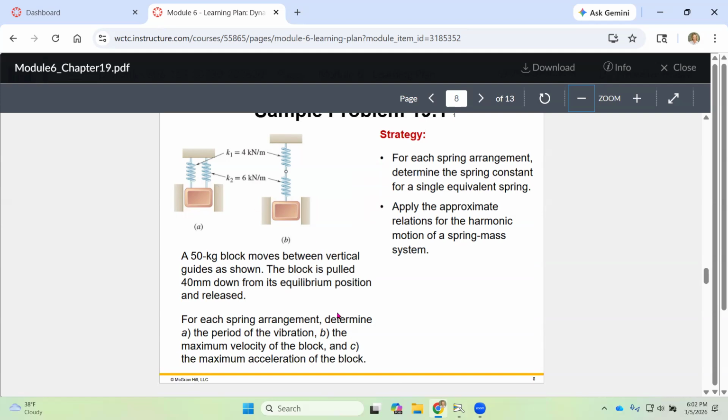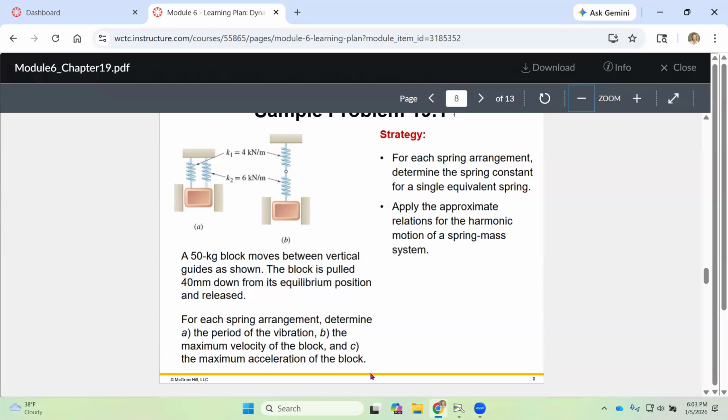The block is pulled 40 millimeters down from its equilibrium position. So if we think of this as its equilibrium position, we're going to pull it down, whether with human hands or some sort of apparatus that can exert an external force, to change its location to 40 millimeters below where it's at right now, which is considered its equilibrium position.